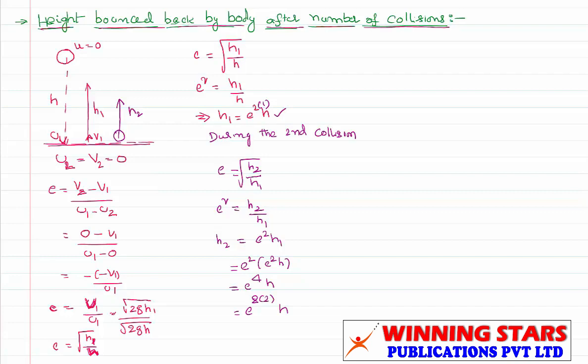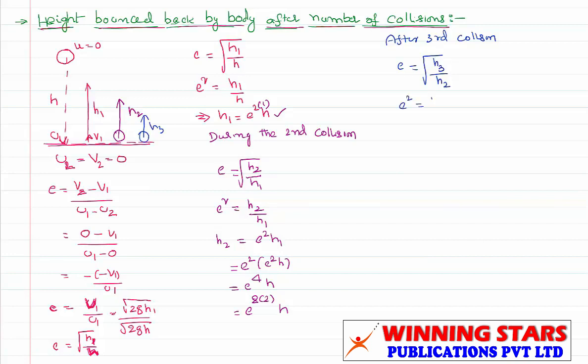Let us say there is one more collision, and after the collision the ball has bounced back to a height h3. So during the third collision, again the coefficient of restitution can be written as root of the height to which it has bounced back by the height from which it has fallen.